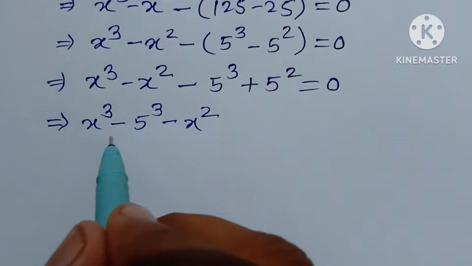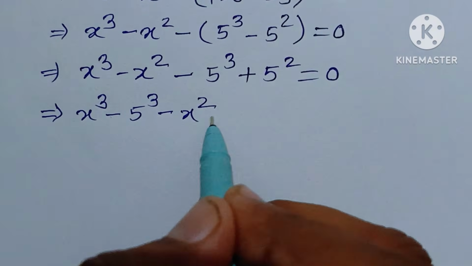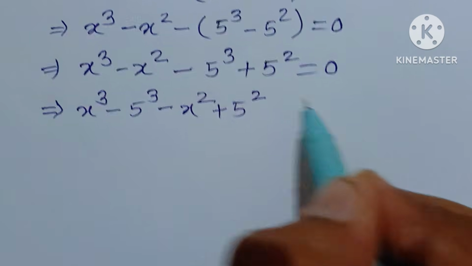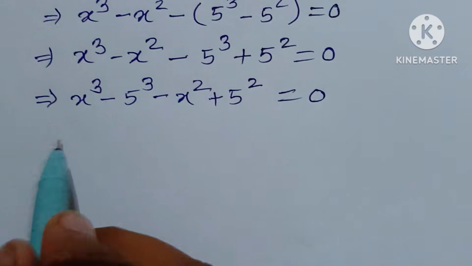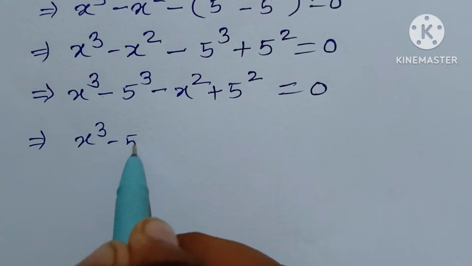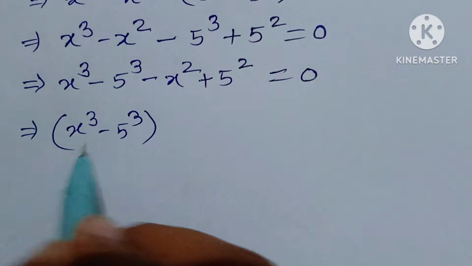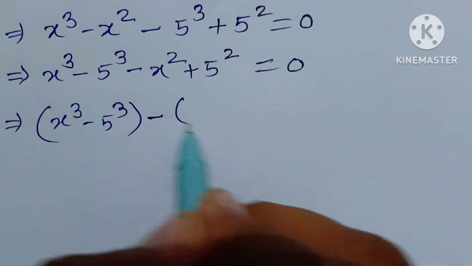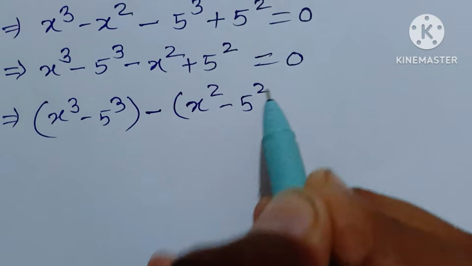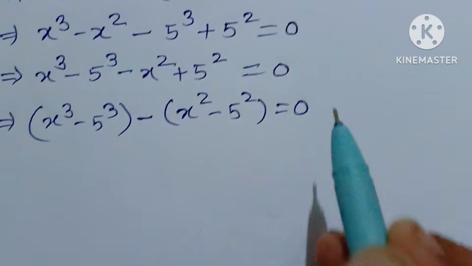Now x cube minus 5 cube minus x square plus 5 square equal to 0. Now we write this x cube minus 5 cube in bracket, minus, if we take minus common, x square minus 5 square, equal to 0.